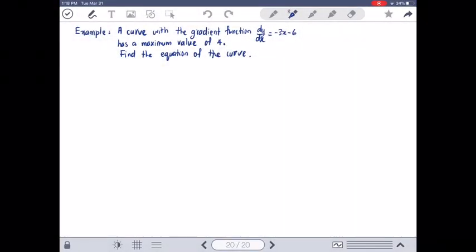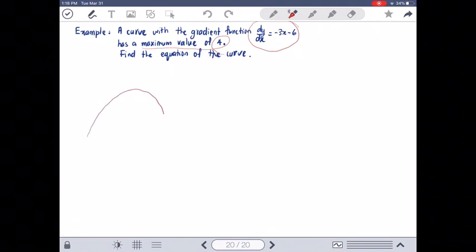A curve with gradient function dy over dx equals negative 3x minus 6 has a maximum value of 4. What does it mean by maximum value? Suppose that the curve is a quadratic, we don't know. It should be a quadratic. So it has the maximum value of 4.